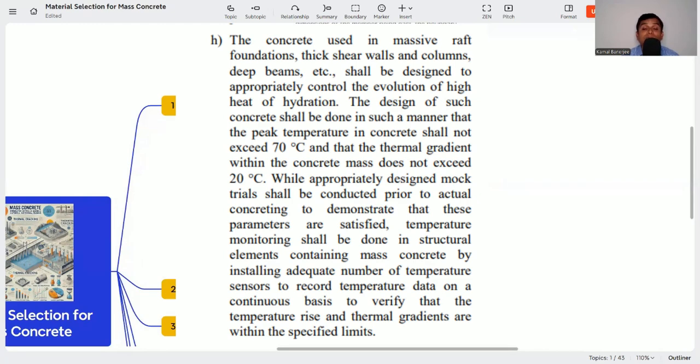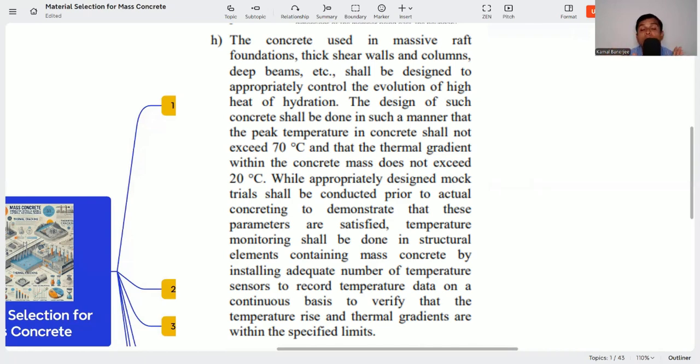Such concrete shall be designed to appropriately control the evolution of high heat of hydration. So it should be designed so that the heat of hydration is lowered.